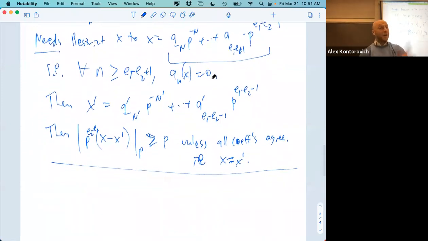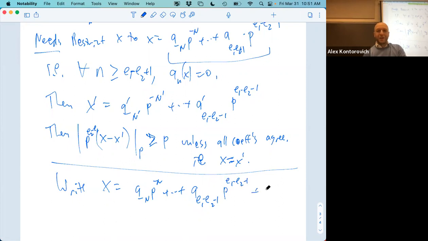Yeah. But how can we find such a guy? So here's what I'm saying. Write any X as some coefficient P to the minus N up to this point, A, up to P to the E1 minus E2 minus 1, plus, now I'll write this as P to the E1 minus E2 times anything, U. U is in ZP.